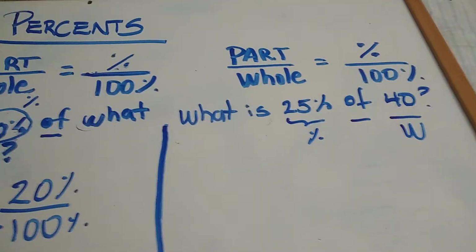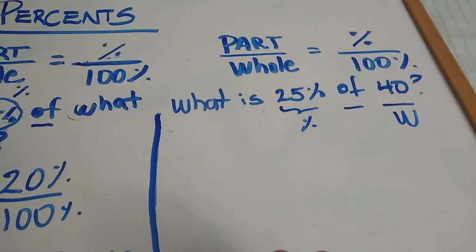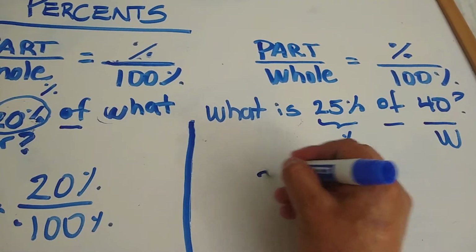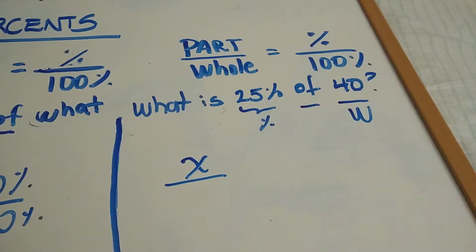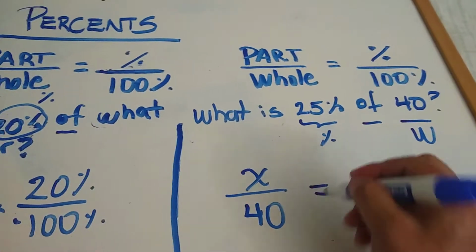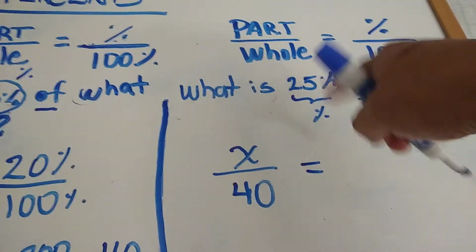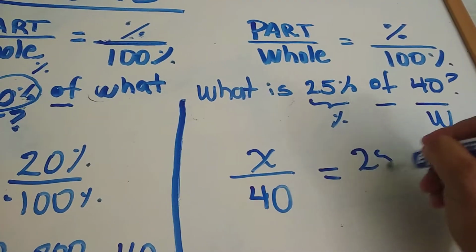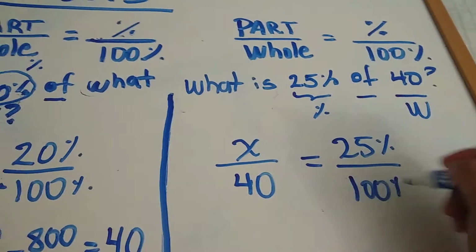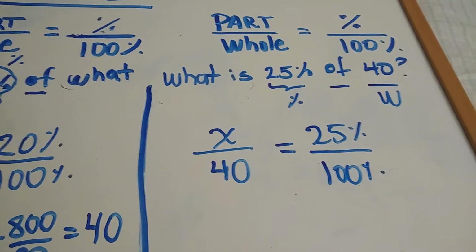And what am I looking for? I'm looking for the part. So in the area of part, I'm going to put X. The whole is 40. And then I have the percent, which is 25%, over 100, right there.